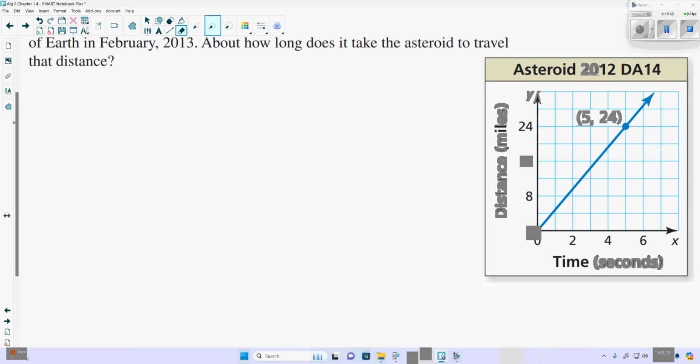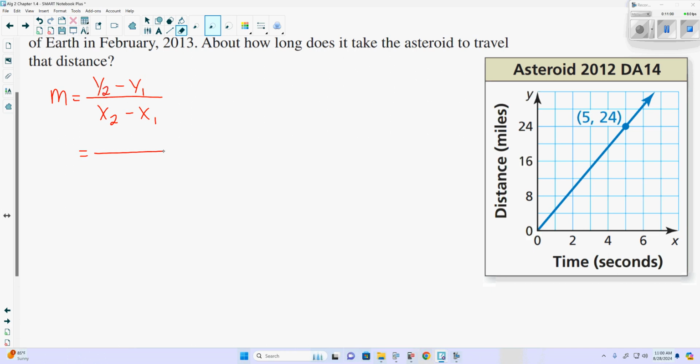So one of the parts we need in order to find the equation of the line is the slope. Yes? So the slope, m, is equal to y2 minus y1 over x2 minus x1. We need 2 points. We have one, yes? 5, 24.